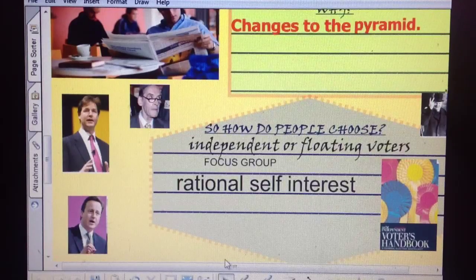And what happens is political parties have focus groups. They ask groups of ordinary people what they like and dislike, and then change things to suit them. Because they're after the floating voters, the independents, people who haven't definitely decided who they're going to vote for. They're the people politicians are really after.